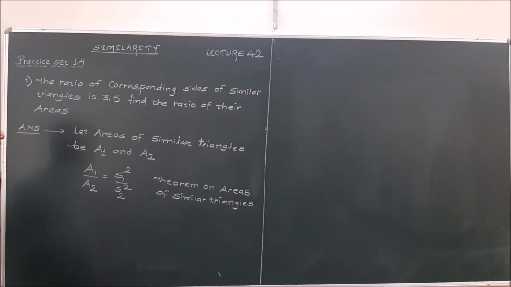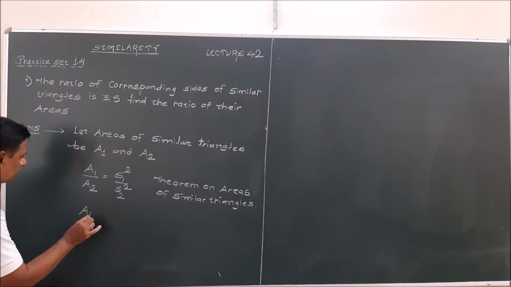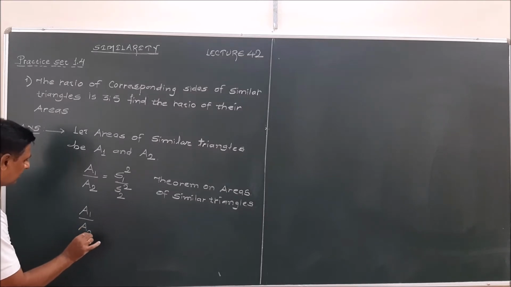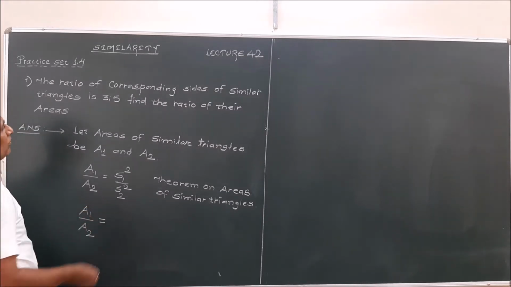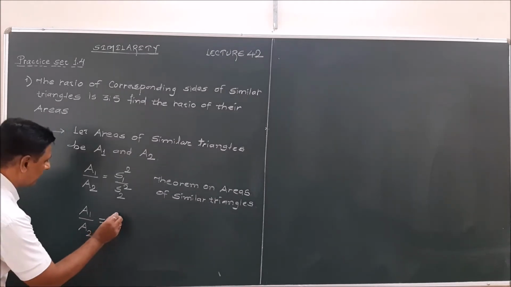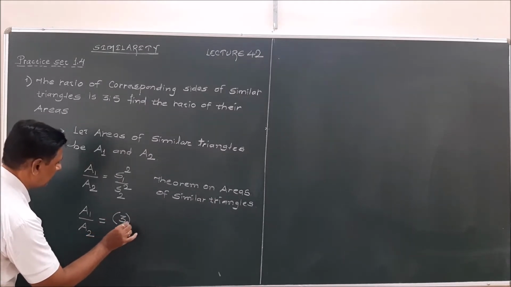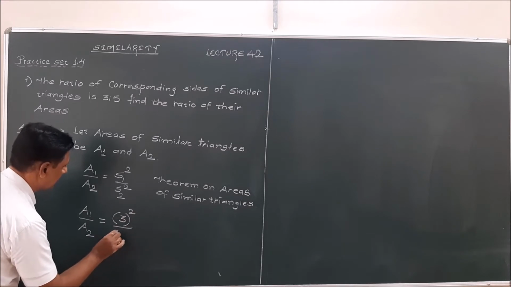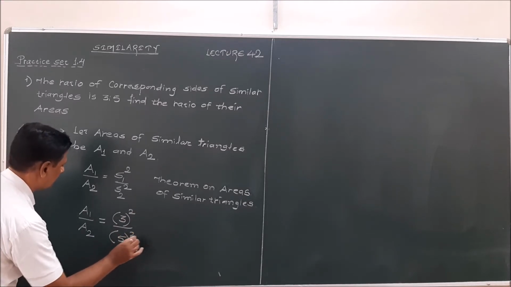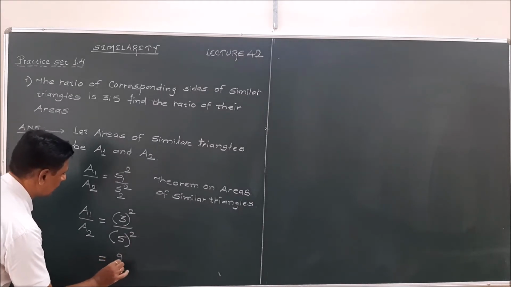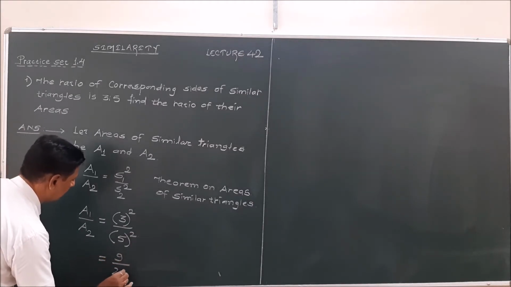So A1 upon A2 is equal to S1 square upon S2 square. So 3 square upon 5 square, that is equal to 9 upon 25.